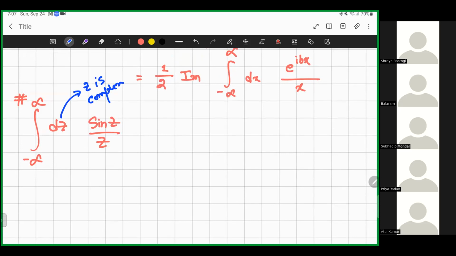So this function sine z by z is analytic. Only there is a singularity when z equals 0. Otherwise, everywhere this function is analytic.